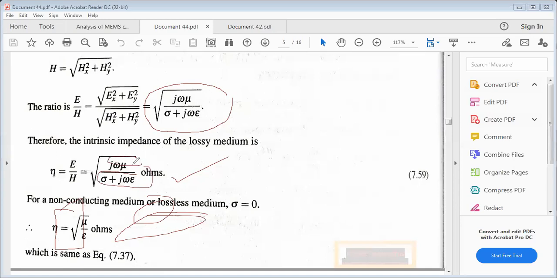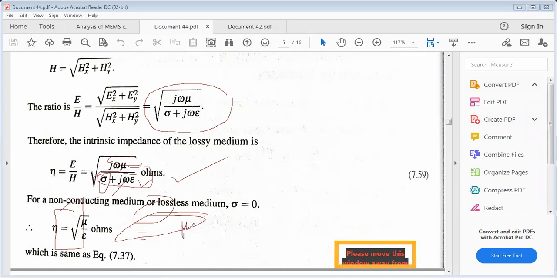Now this medium can be lossless or conducting, non-conducting mediums. See here, for a non-conducting medium, sigma equal to 0. So when we put sigma equal to 0, j omega cancels, and we get square root of mu by epsilon. What is meant by mu by epsilon?